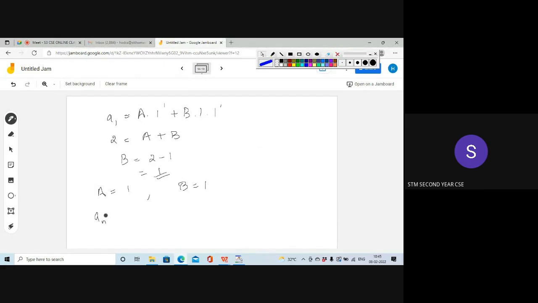Therefore, the general form of the homogeneous part, I'll write in the form of C1 and C2.